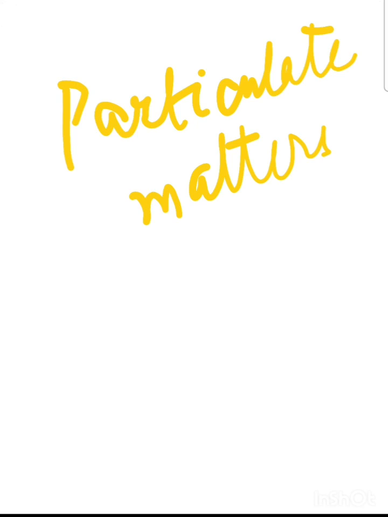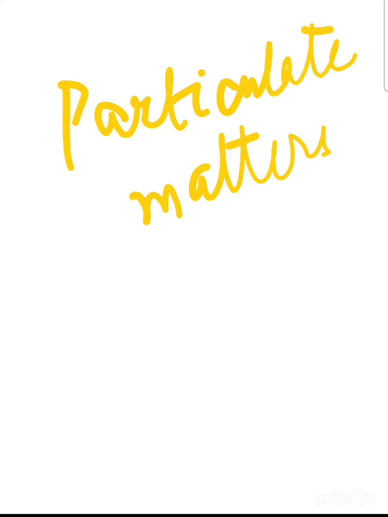Then the next category of air pollutants is particulate matter, or suspended particles. These particles can be solid or liquid, and they are separated into classes on the basis of their size, source and physical characteristics.